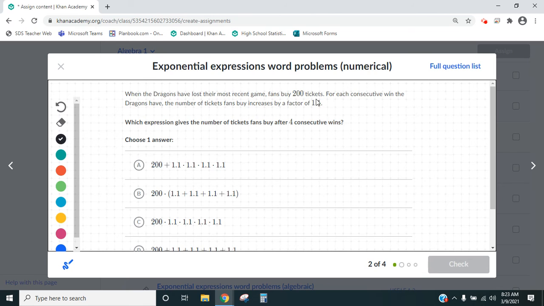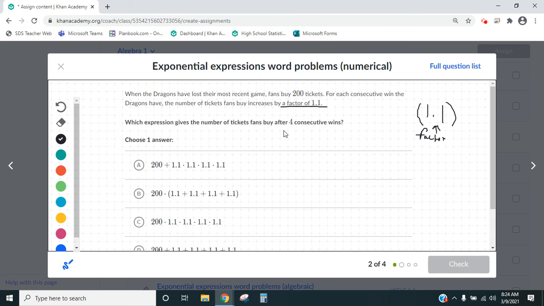Last one. For each consecutive win, the Dragons have the number of tickets fans buy increases by a factor of 1.1. Whenever they use that phrase, by a factor of, that's the thing that's going to go in your parentheses right there. So this is key. It's a little different than the last question.